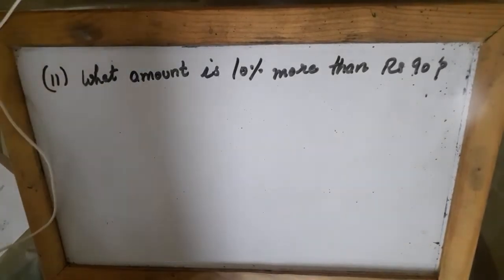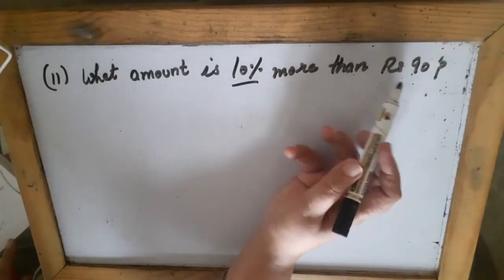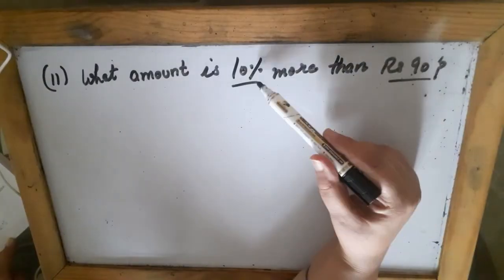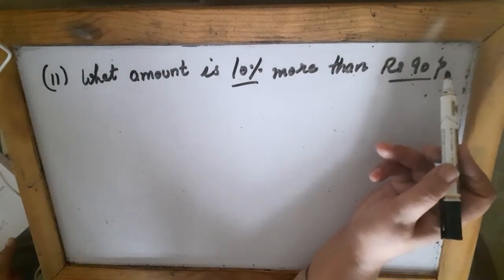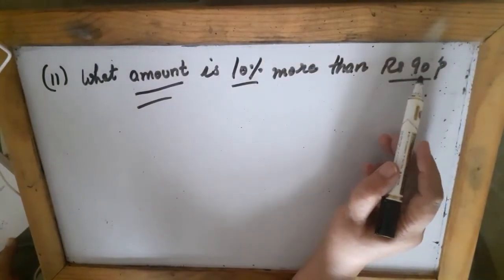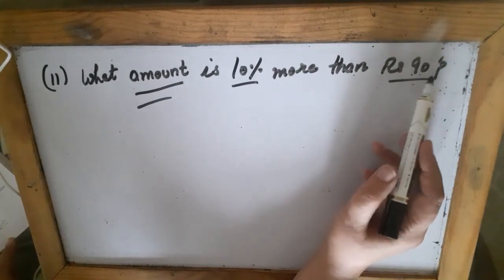Now in the 11th question, they are asking what amount is 10% more than rupees 90. If we add 10% of 90 to this 90 rupees, what will be the final amount?